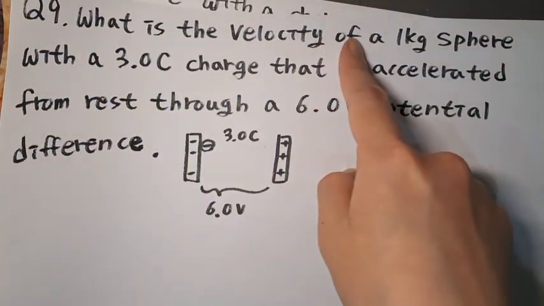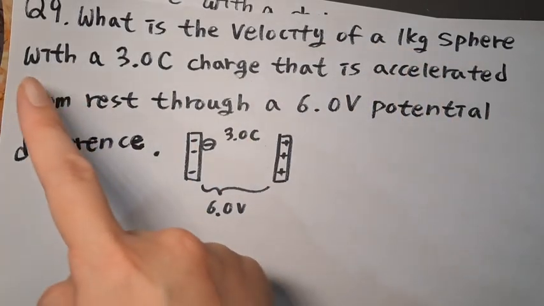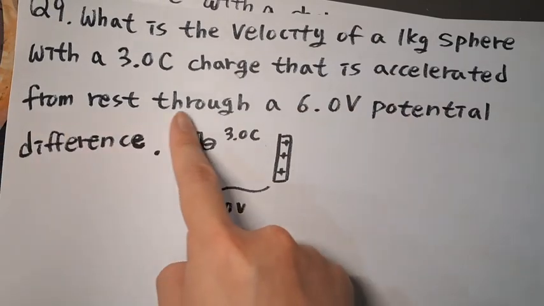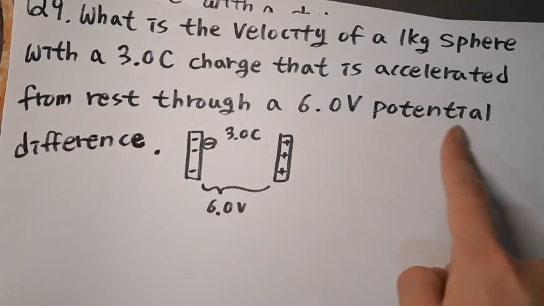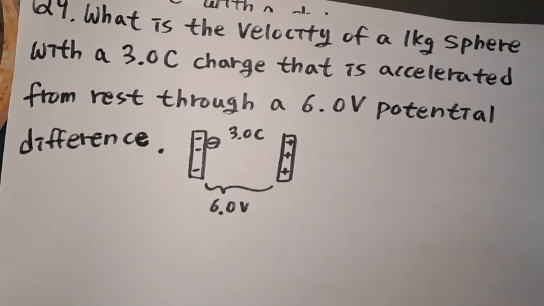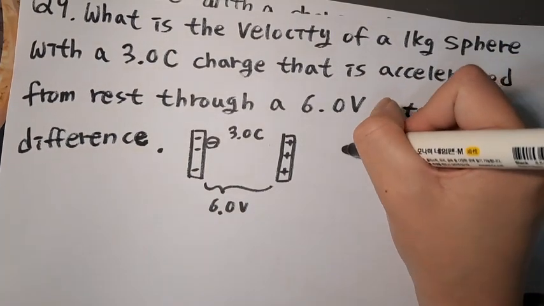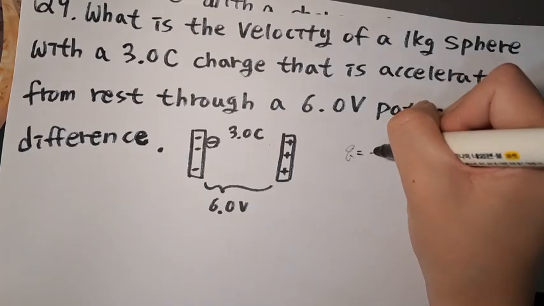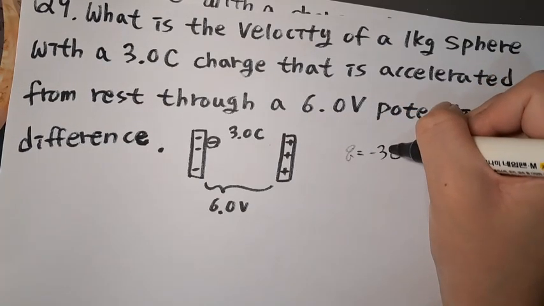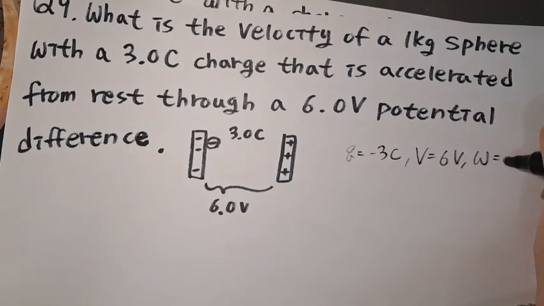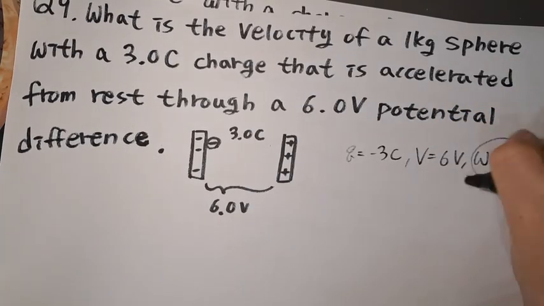What's the velocity of a 1 kilogram sphere with a 3 coulomb charge that accelerates from rest through a 6 volt potential difference? So the charge is going to be this, and this is the voltage, and we are going to apply this equation.